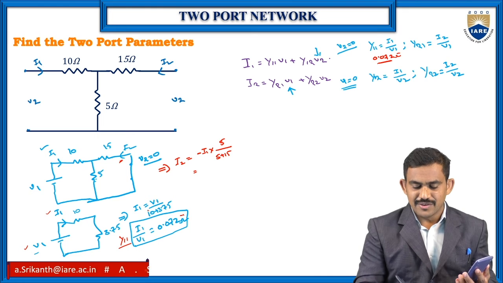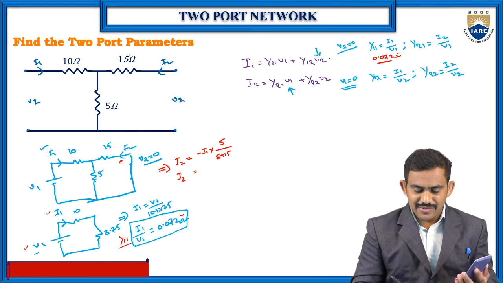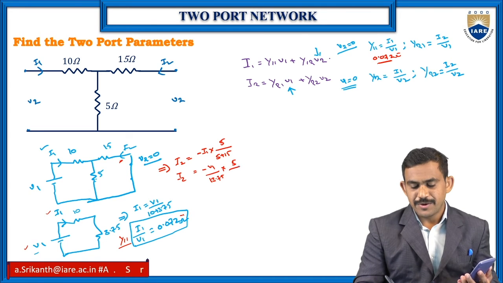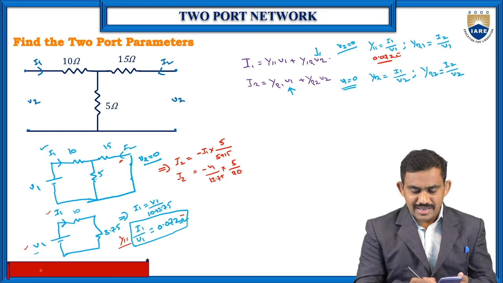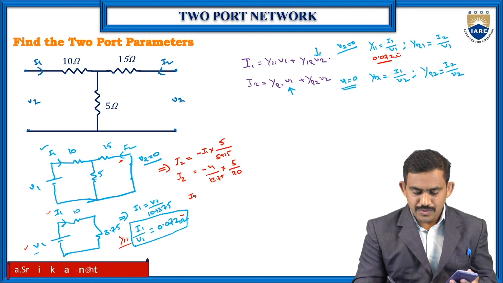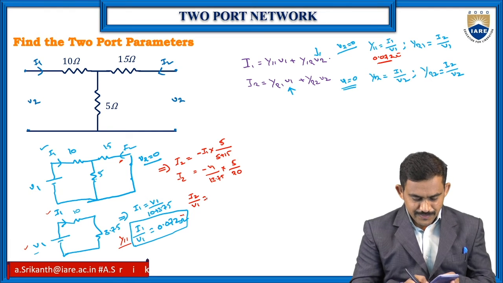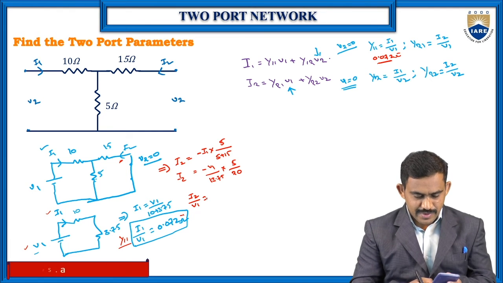Just substitute the I1 value here. I2 equals minus V1 by 13.75 into 5 by 20. Now we'll get the I2 by V1 value. So 5 divided by 13.75 plus 20.